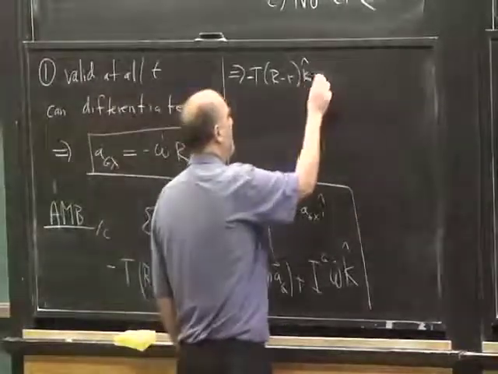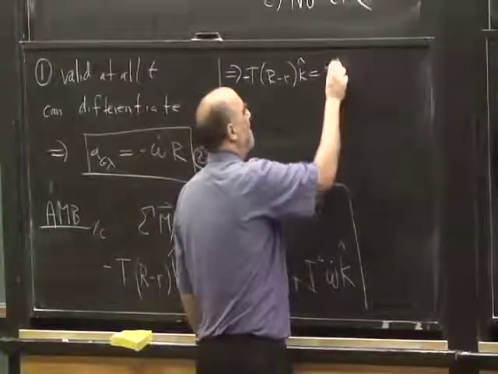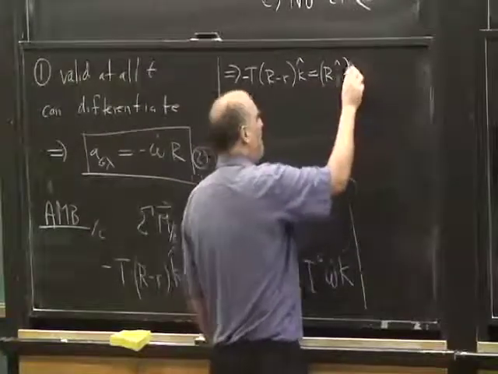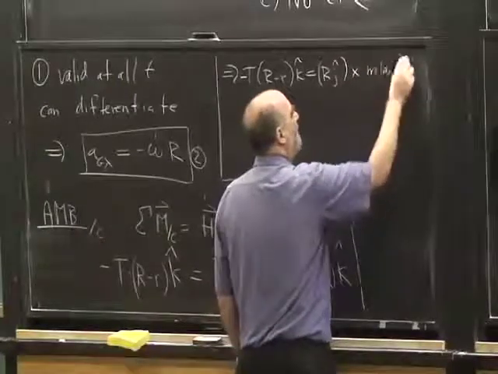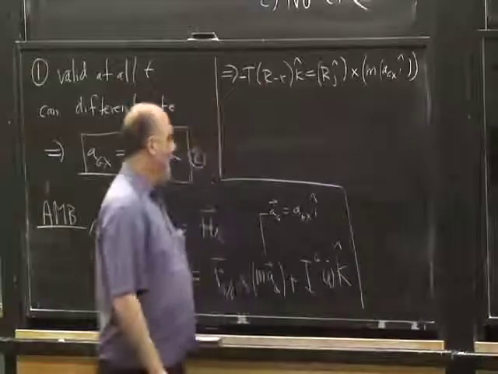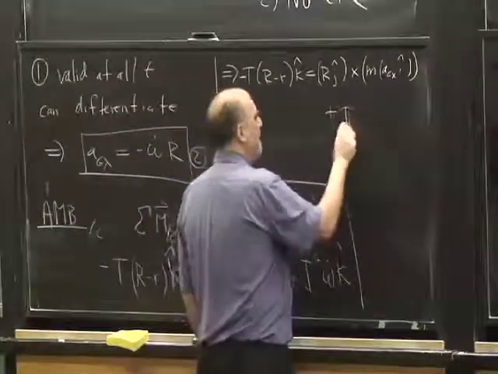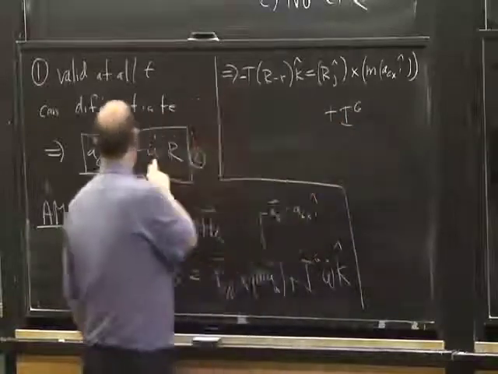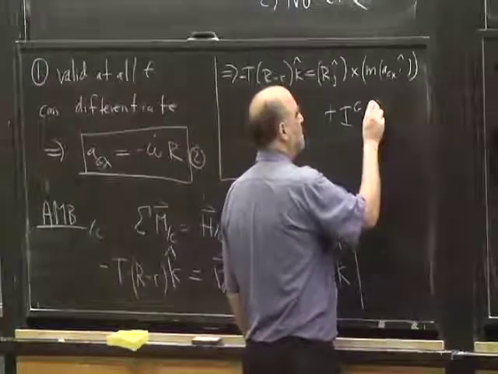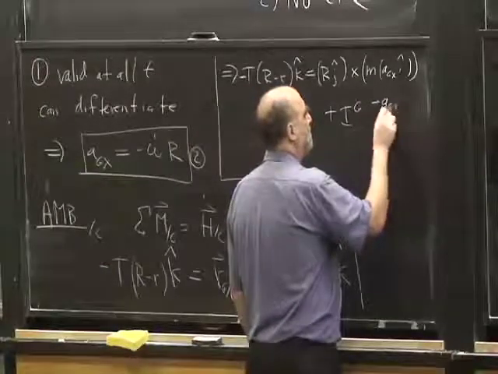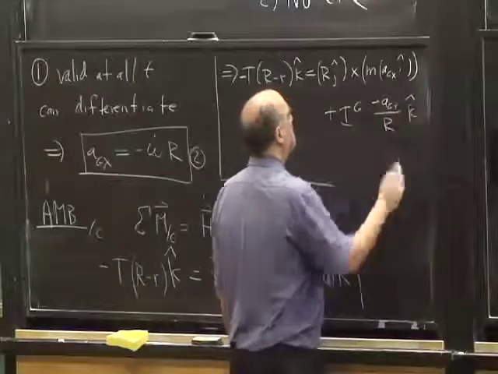Okay, then we have this position of G with respect to C, which is a positive R j, crossed with m agx i. And then we have plus Ig, and where we had omega dot, we can put minus agx over r, and then this gets multiplied by k.